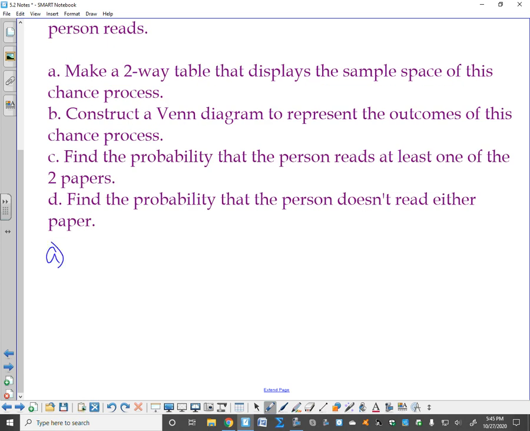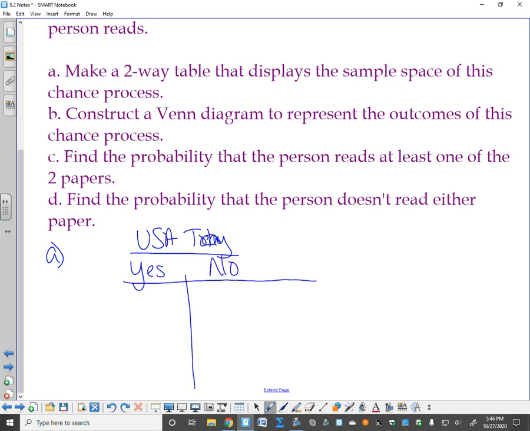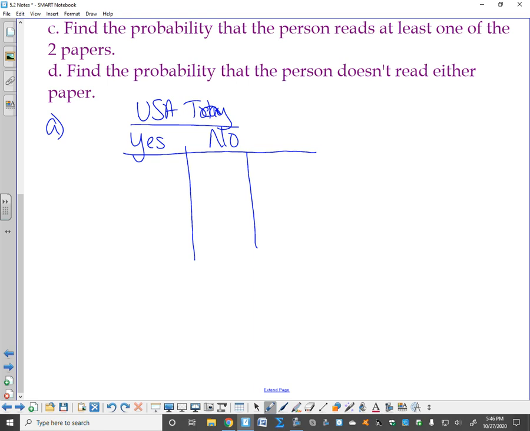All right. USA Today, if I can spell. Can't, apparently. Yes. No. New York Times? Is that right? Yeah. New York Times. Yes.